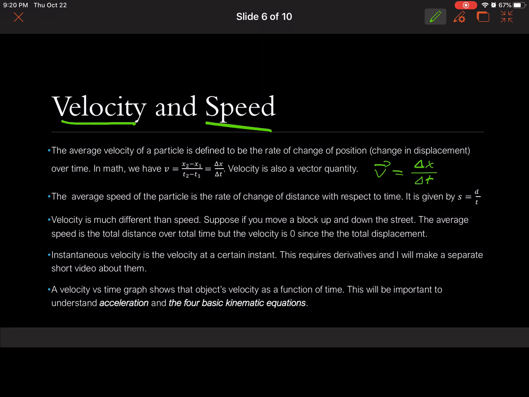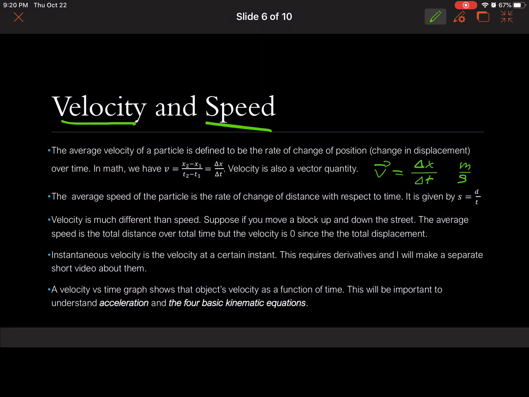And it has the SI units meters per second. How many meters are you going per second? Velocity, like displacement, is a vector quantity, meaning it also has a direction. You need to describe a direction. In our case, in 1D, it's negative or positive. So this is the formula for velocity.